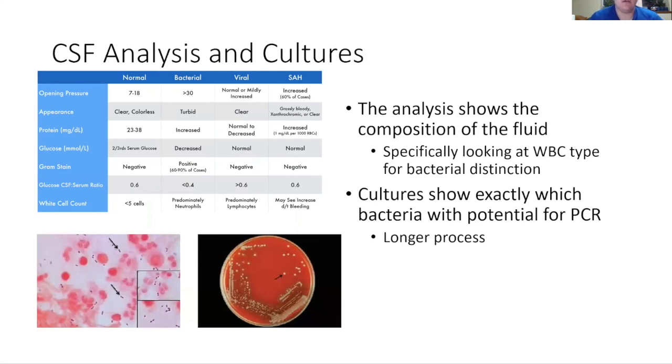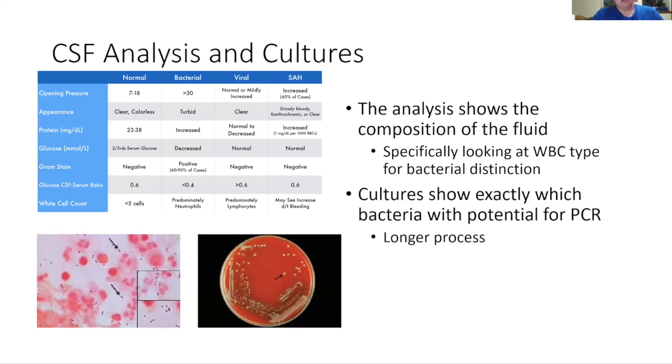So one thing that can be done is the pressure. When the needle is stuck in, there's a little meter that will measure that for you. And different measurements mean different things. But usually with the bacterial, you can see a little over normal, but with viral meningitis, you'll see it up a little bit.